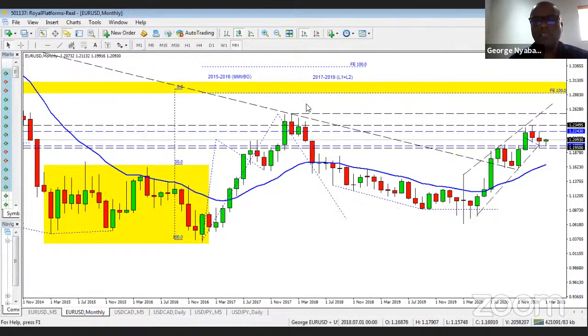now remember the reason I'm emphasizing this is I want to find out key levels of support and resistance on the monthly, which I'll bring down to my time frame, so that when they appear on my time frame, I kind of know there's something big happening at the higher levels.